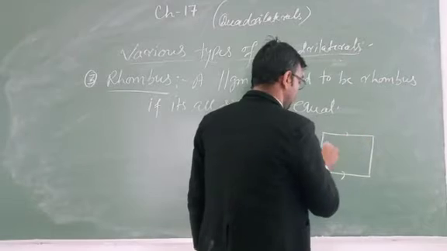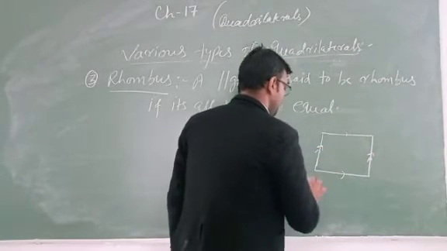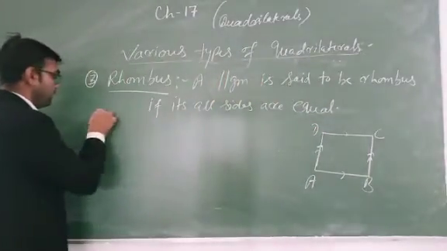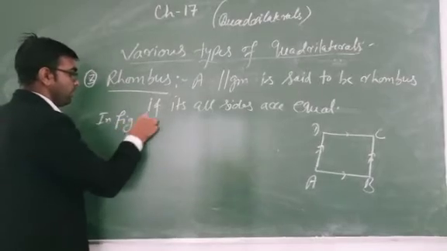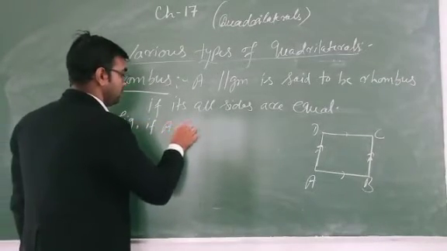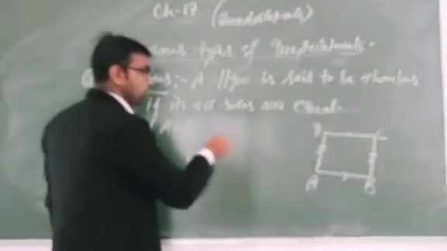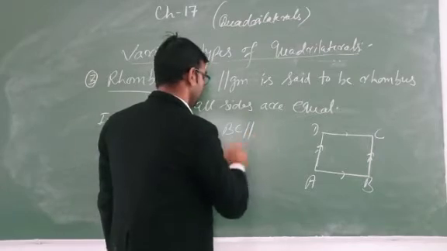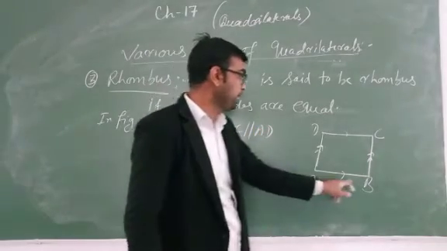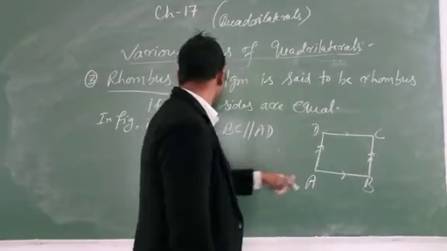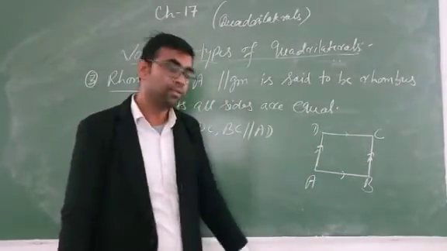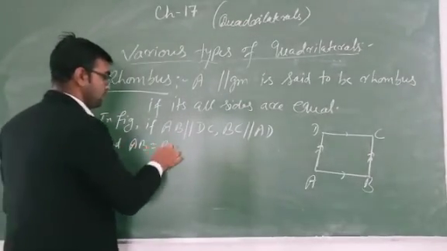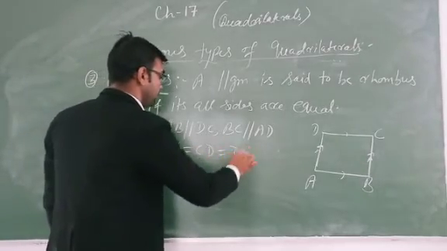In the figure ABCD, if AB is parallel to DC, BC is parallel to AD, and AB is equal to BC is equal to CD is equal to DA.